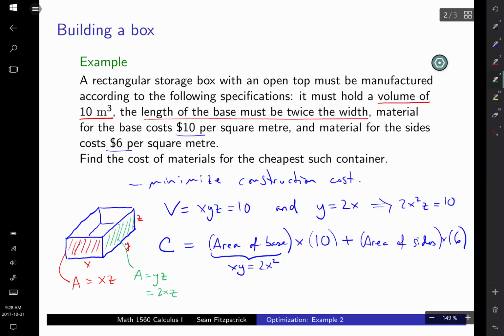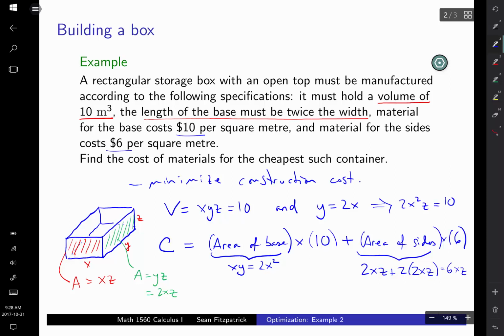Okay? And there are two of each. So the area of the sides is going to be 2xz plus 2 times 2xz. And altogether, that's how many? 2xz plus 4xz, so 6xz.